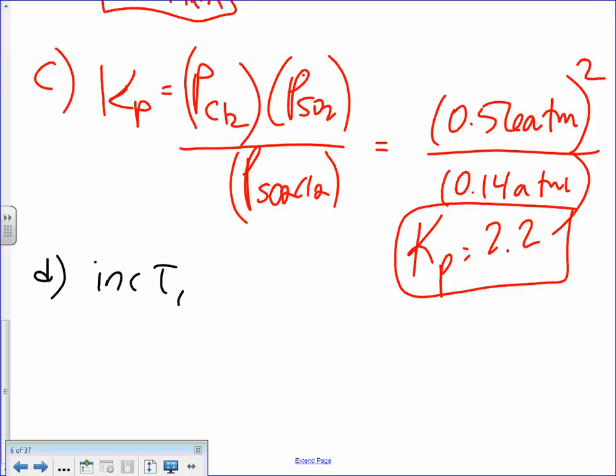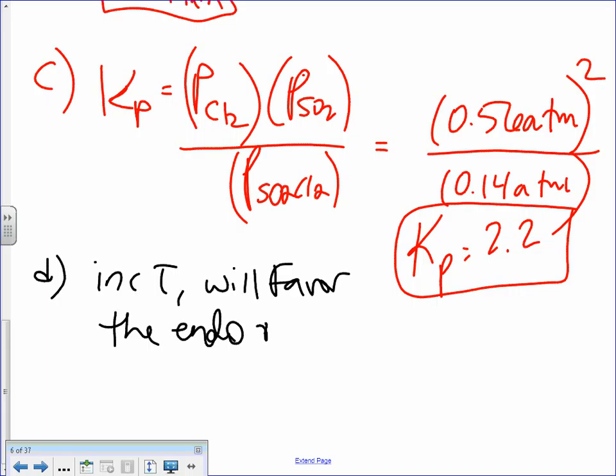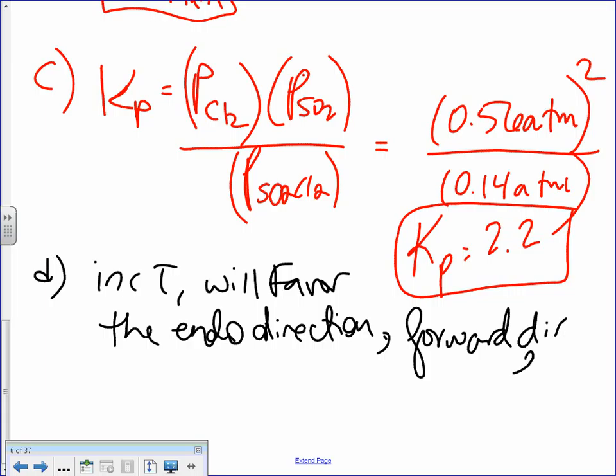Increased temperature will favor the endothermic direction, which is which direction in this case? The forward, right? So you would say the forward direction is favored, and you can string these things together. So if the forward direction is favored, what would happen to the K value?